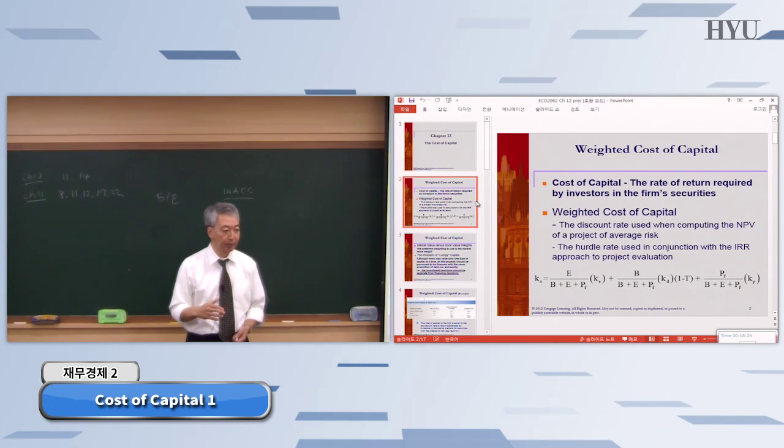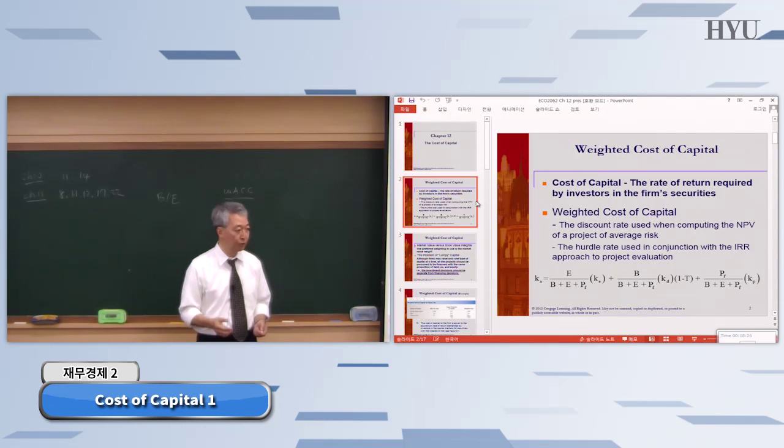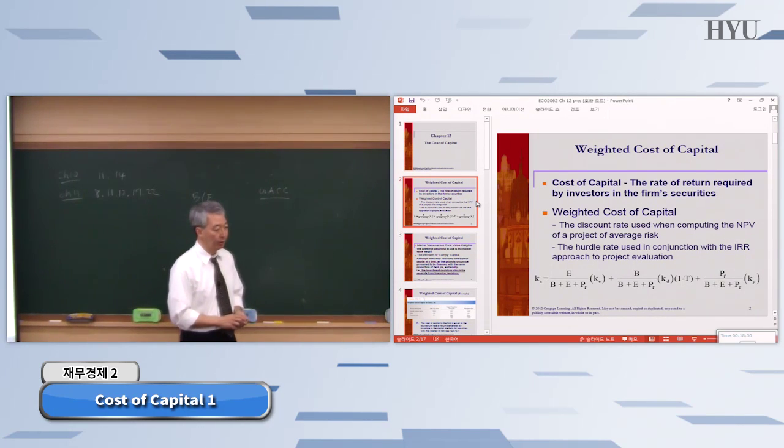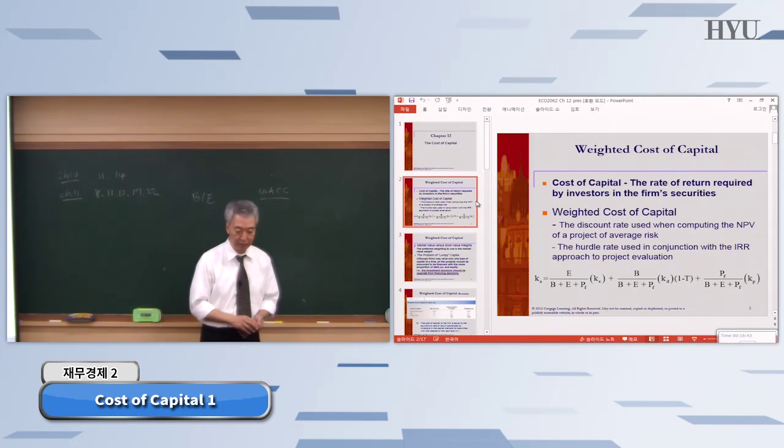But if you're going to use the same discount rate to evaluate all the projects, what that means is this rate has to be for average risk projects. That's what this statement means.